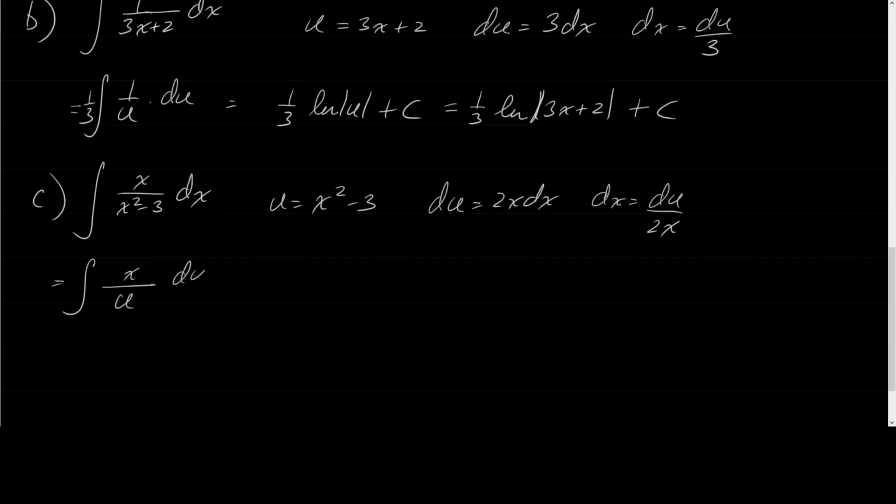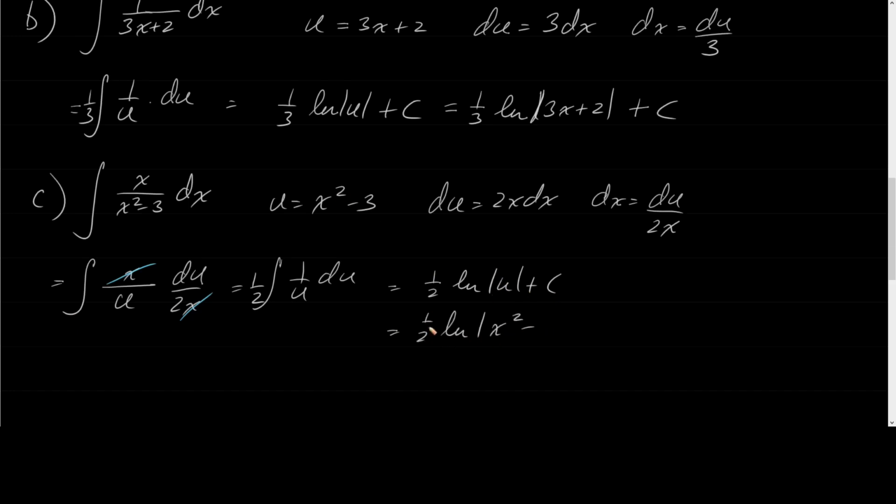Dx is du over 2x. At that point, we see that the x's cancel each other out. So what we really have here is just the integral of 1 over u du with a 1/2 on the front, right? And at this point, this becomes 1/2 ln of absolute value of u plus c, which is, well, we know the problem wasn't about u, it was about our x. So we have 1/2 ln of the absolute value of x squared minus 3 plus c.